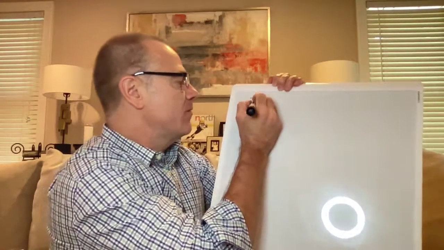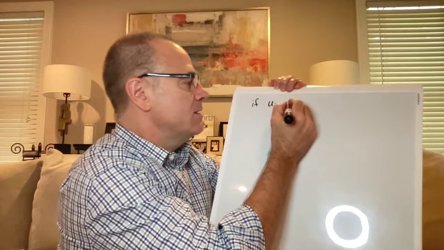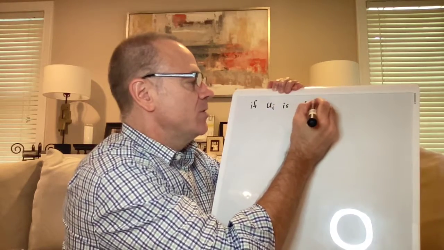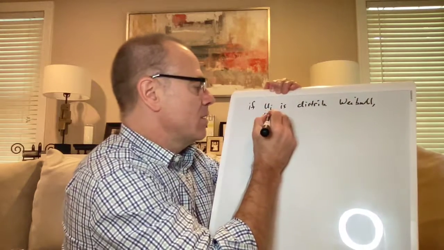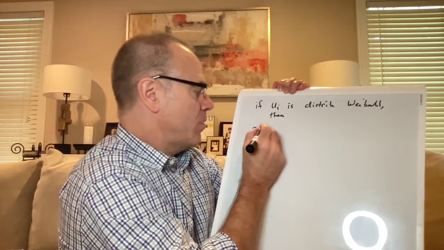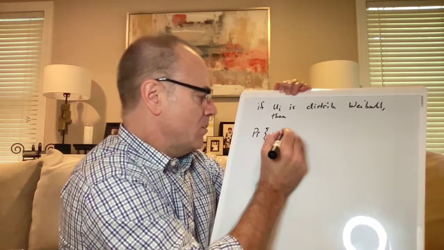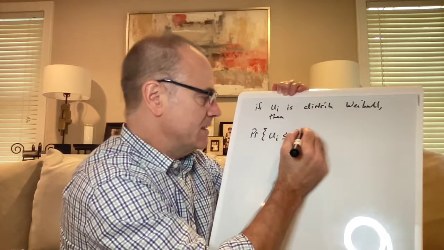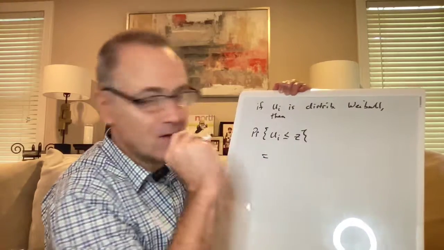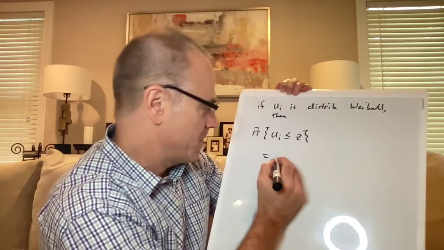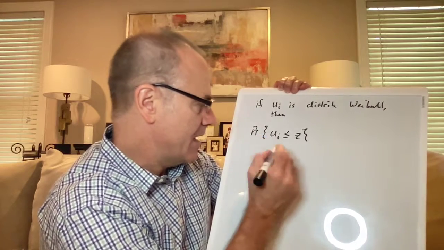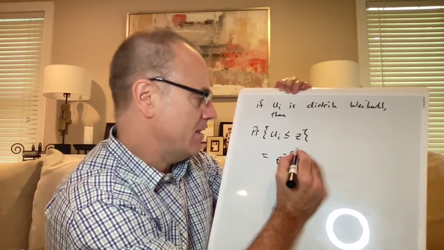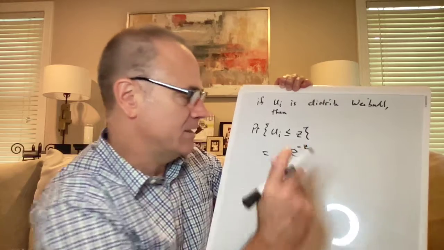If U_i is distributed Weibull, then the probability that U_i is less than or equal to z equals this: e to the negative e to the negative z.